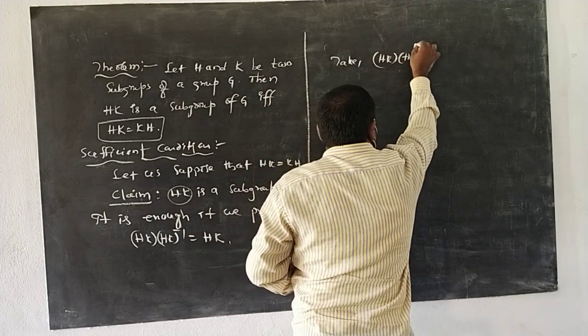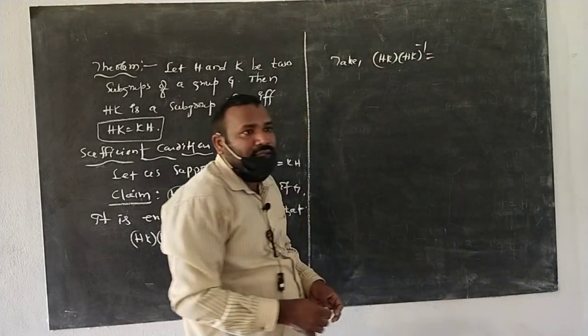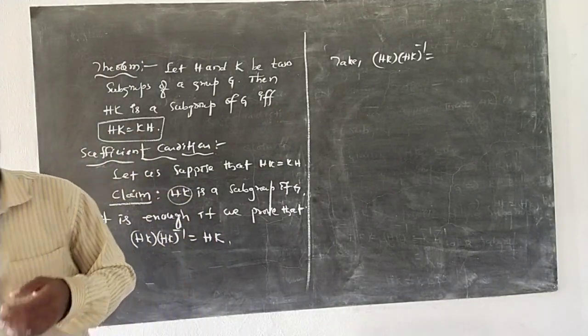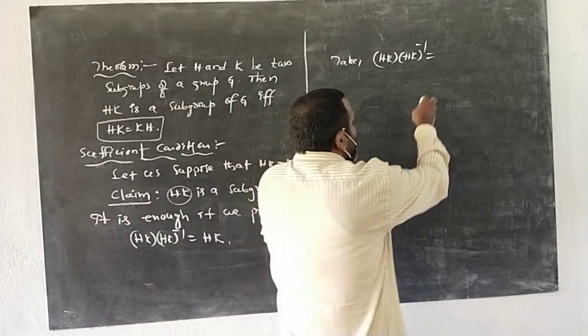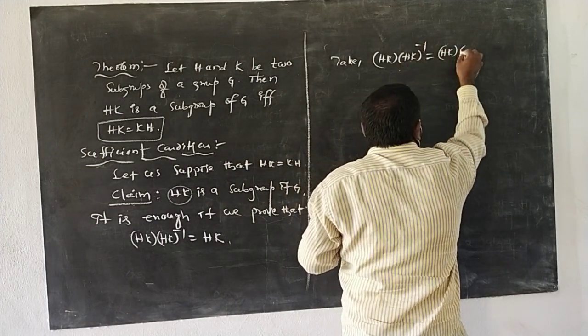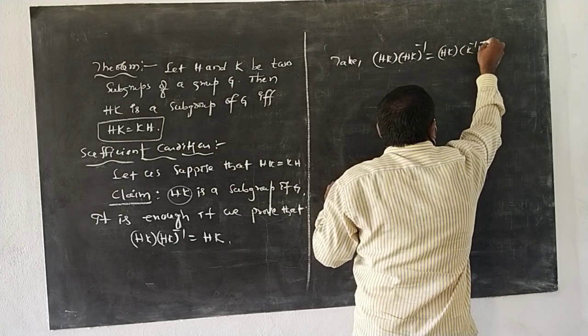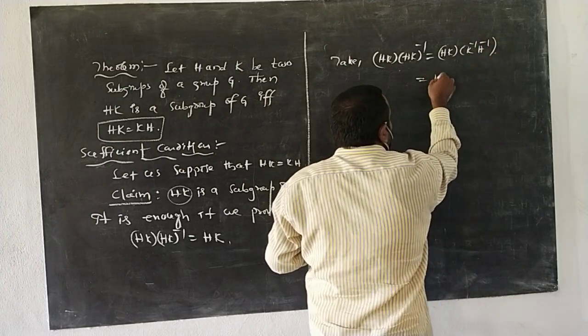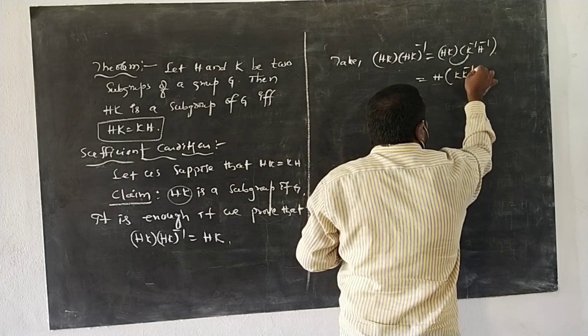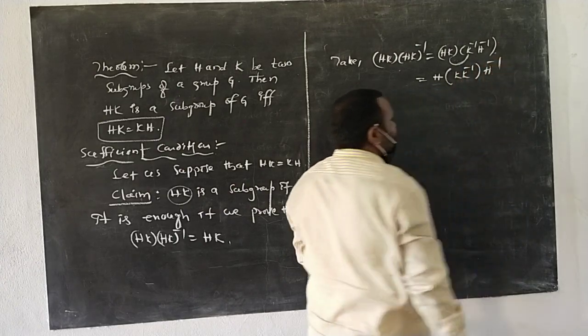HK whole inverse. You take this one and show RHS. Then HK will become a subgroup. HK whole inverse can be written as K inverse into H inverse. This can be written as, you can change brackets, K into K inverse H inverse.